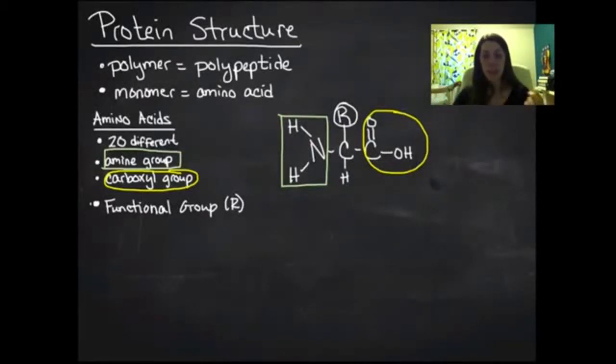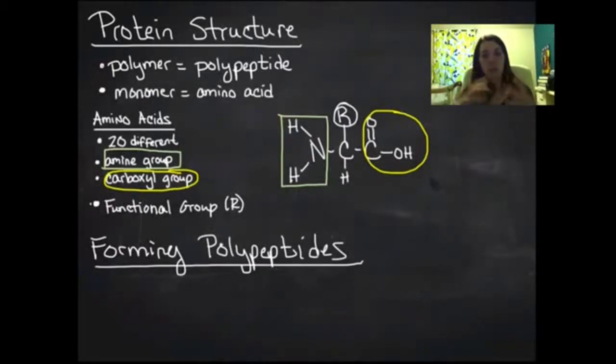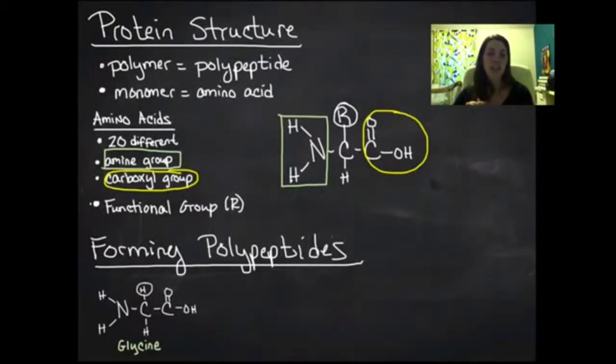So let's look at an example of actually taking two amino acids and putting them together. So I'm going to form a polypeptide. I'm going to do this by taking two monomers, putting them together, removing a water, dehydration synthesis, right? So I'm going to take my amino acid, and this one, if you notice, my functional group is just an H, so that's glycine. And I'm going to add to that this amino acid, and here I have a CH3, and that is an alanine.